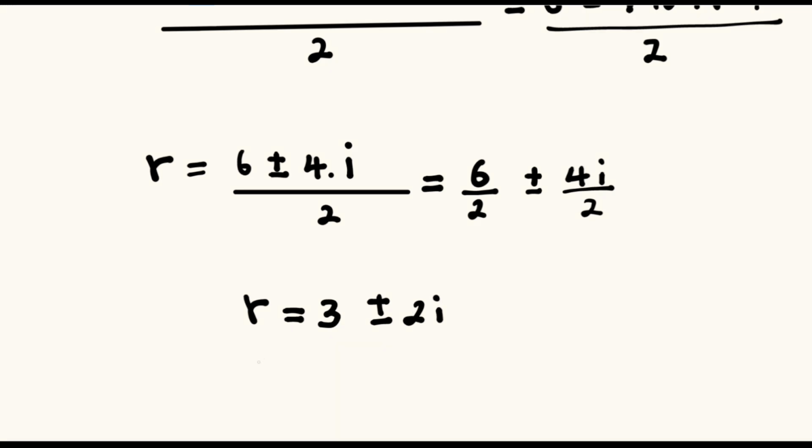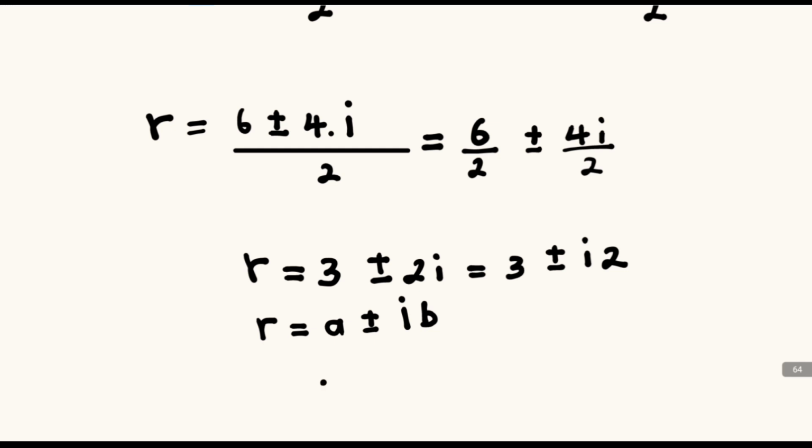And the standard form of this is r is equal to a plus or minus i multiplied by b. So we can write this as 3 plus or minus i multiplied by 2. So our a will be equal to 3, and our b will be equal to 2.